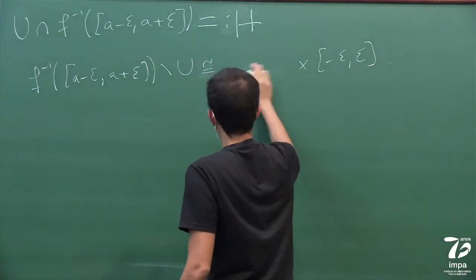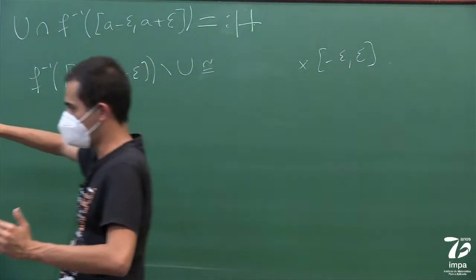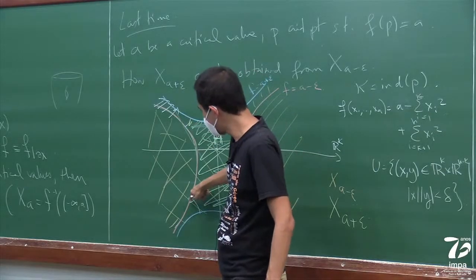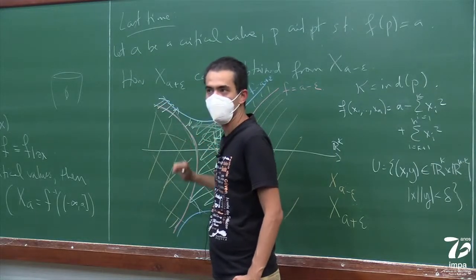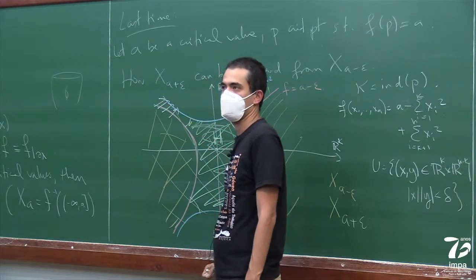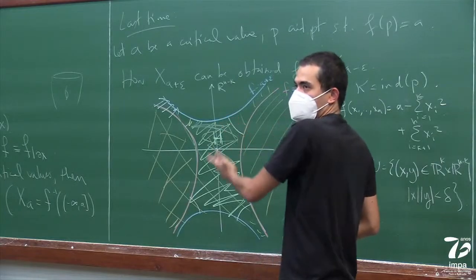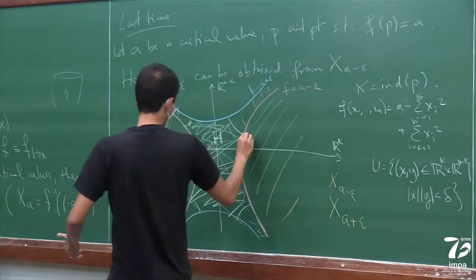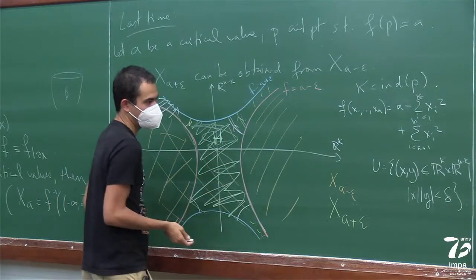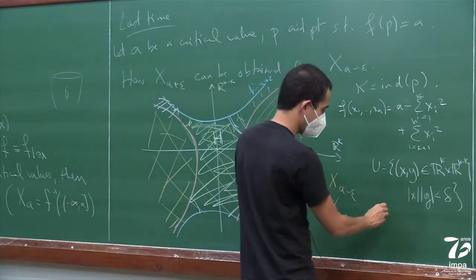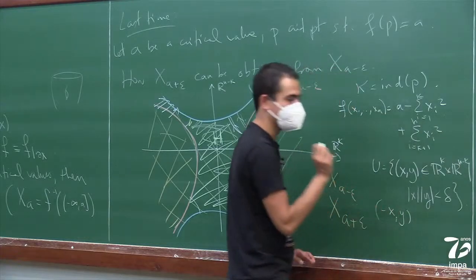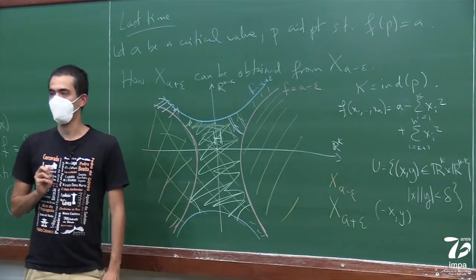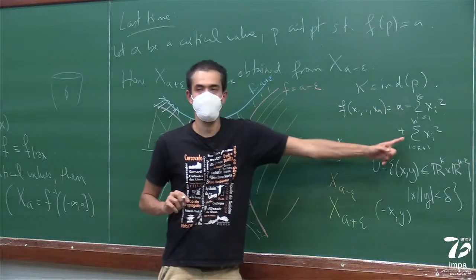And this thing is just, basically, whatever doesn't touch this H on f inverse of a minus epsilon. Okay, so you can see it very clearly from this picture, but it's not hard to write this explicitly. Just using this, you pick a gradient-like vector field that, in this neighborhood, will just be, sort of, minus x and y or something like that. So like the gradient of this thing.